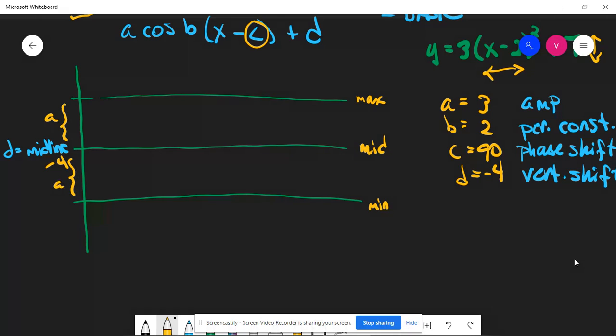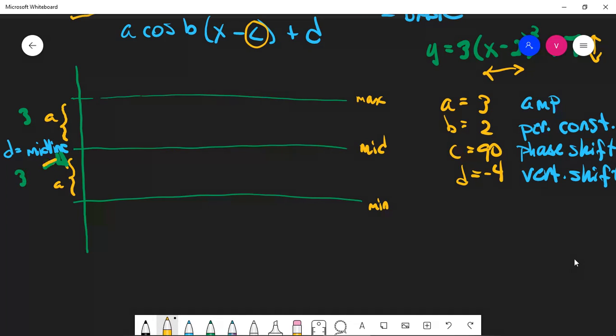This is also A over here. So let me rewrite that. -4 is the midline. And then your A is equal to 3. So it's 3 up from -4 or 3 down from -4. So up 3 or down 3.